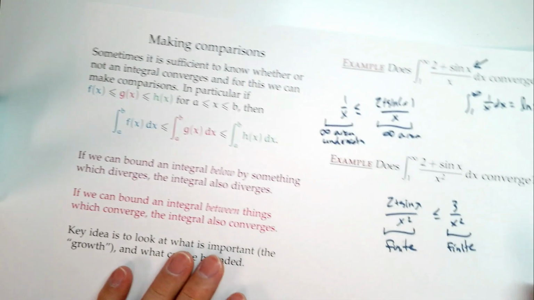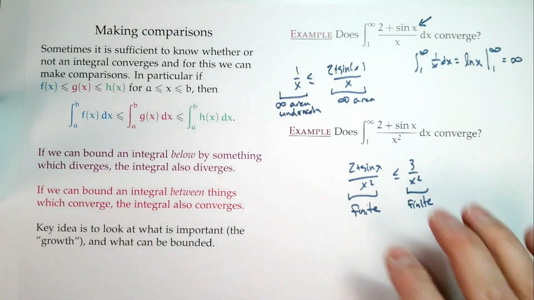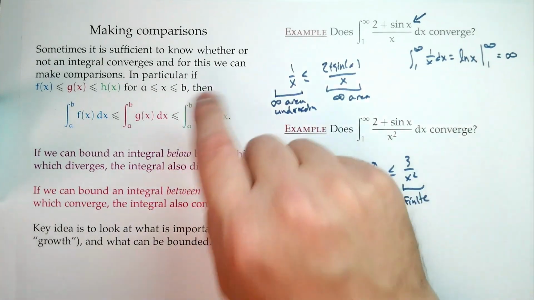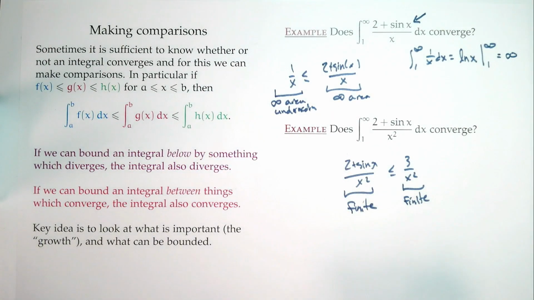Well, actually, before we do the next example, I just want to make one more comment. This idea of making comparisons is going to be a really important idea. So really, I can't stress this enough. The last third of the class, we're going to spend a huge chunk of time trying to understand, is something finite or something infinite? And so the moral is, look, if you have something complicated, simplify it and try to understand what happens to that.